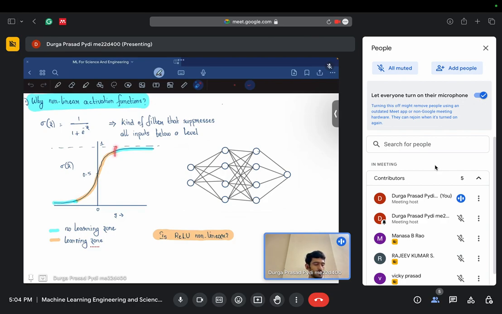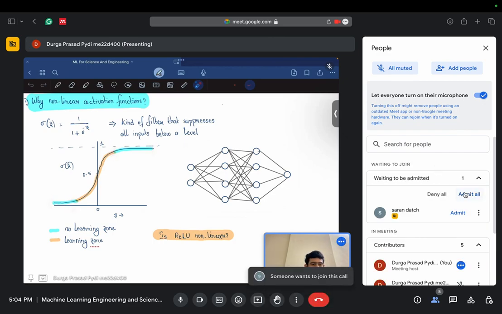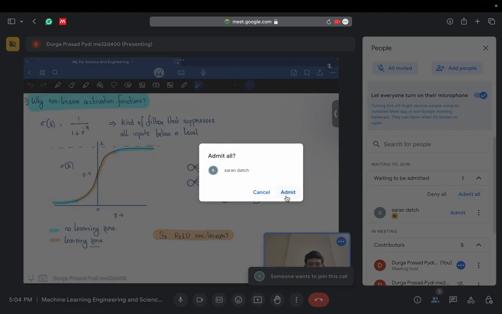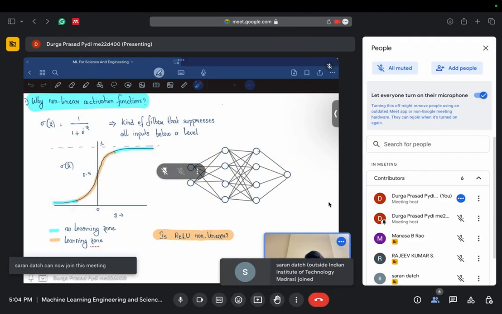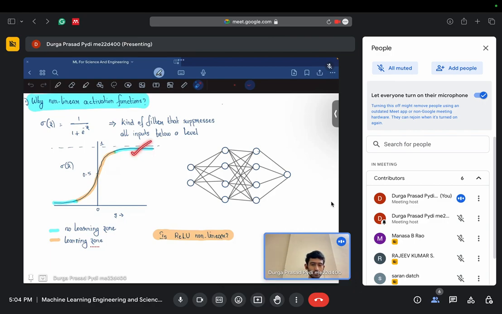Beyond this point, in this zone as well as in this zone, it reaches a saturation, and then the gradient becomes 0, and it won't be learning anything new. So this is a kind of filter.